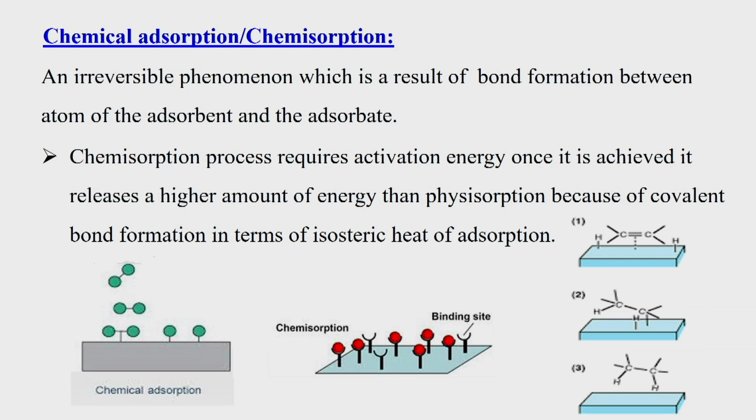Okay. And whenever we talk about the chemical adsorption or chemisorption process, this is an irreversible phenomenon which is a result of bond formation between atoms of the adsorbent and adsorbate. So, there is a real bond formation. Whenever a target component comes into contact with this adsorbent, there is a chemical reaction and bonds are formed, and finally these are converted into a particular product.